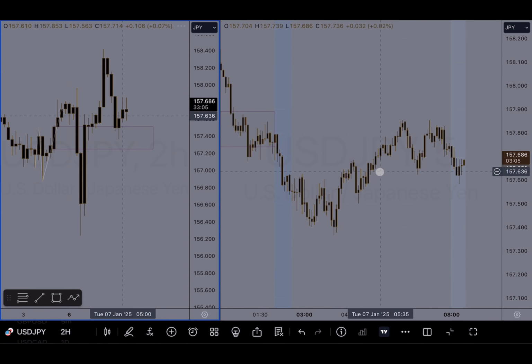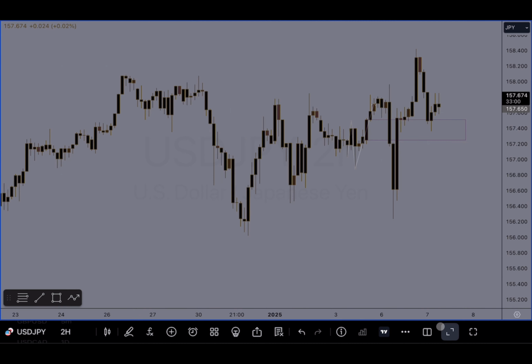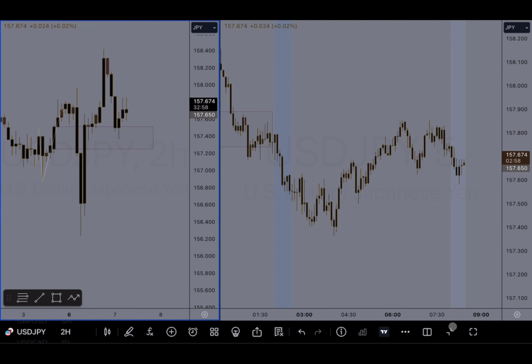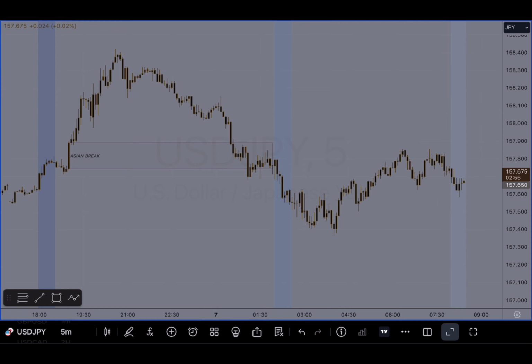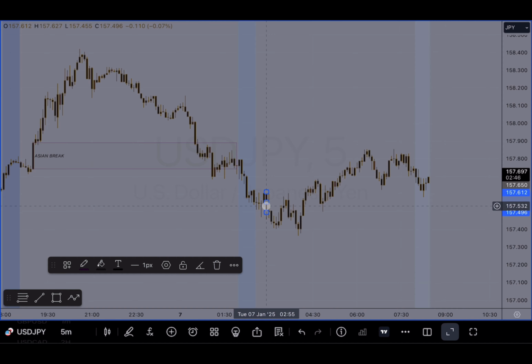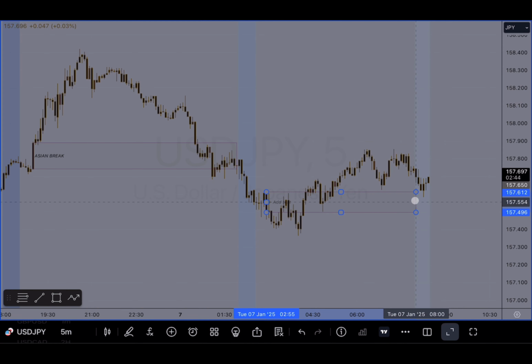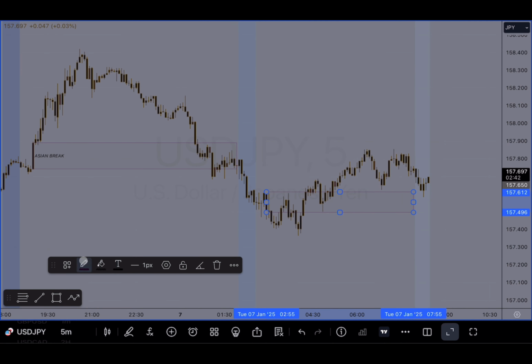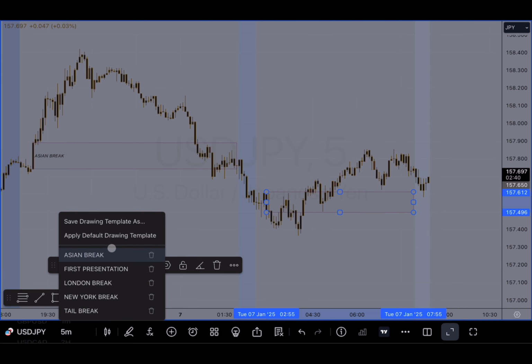However, I'm going to select the pivot point on our lower time frame here because the initial balance has closed and we already have our pivot point. So we can go ahead and select that. And remember, guys, it is going to be the first candle that closes above or below the high or the low on the range of your initial balance.